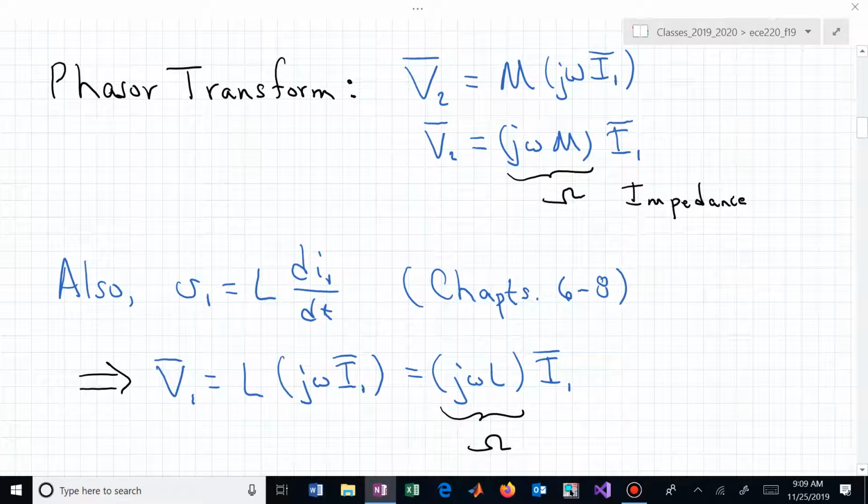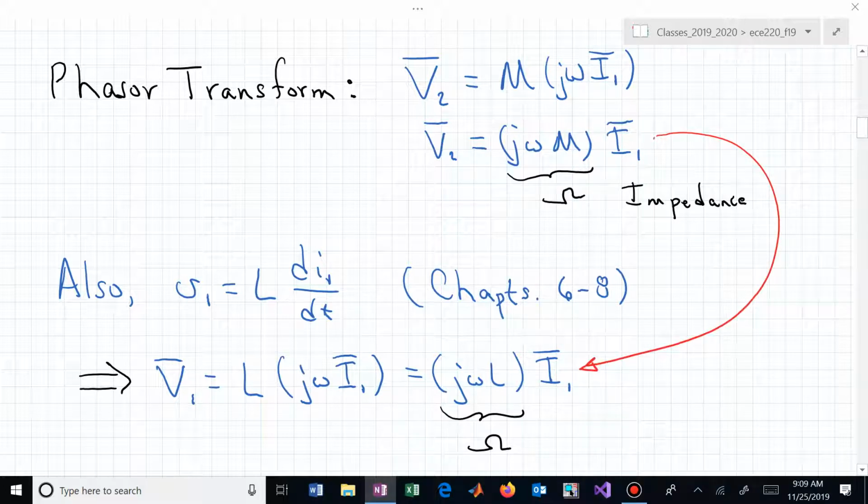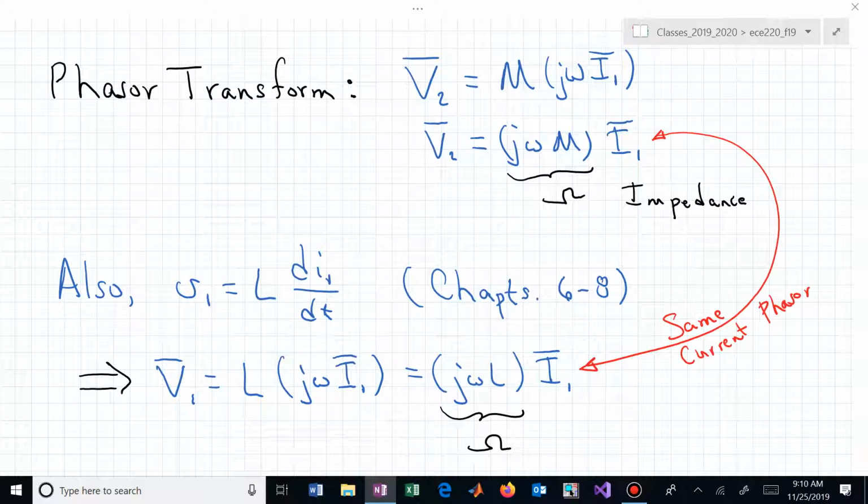Do you see a connection between V2 and V1, relative to the fact that they share the same current phasor? That phasor current is transformed through the same angle because we have a j on both.